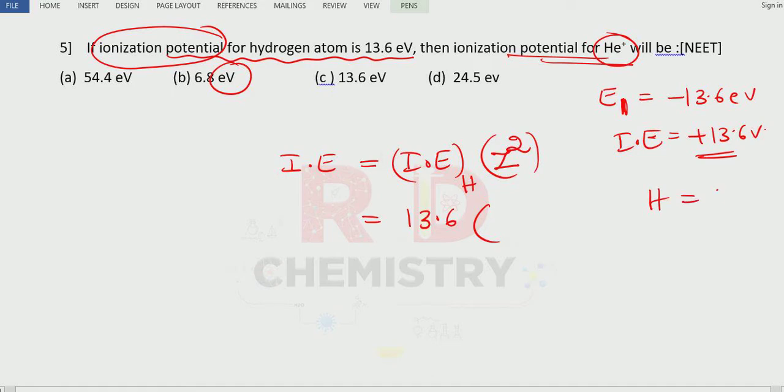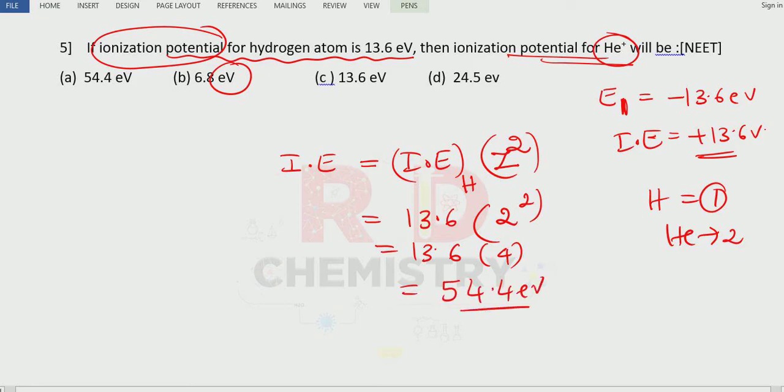Hydrogen atomic number is 1, helium atomic number is 2, so 2 square is 4. So 13.6 into 4 is equal to 54.4 electron volt, required to remove the electron from helium, which is in the first orbit, to infinite distance. So the answer is option A. Clear?